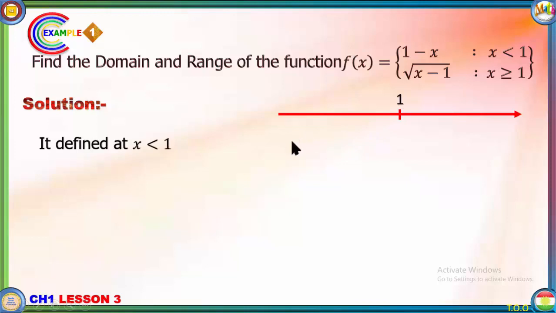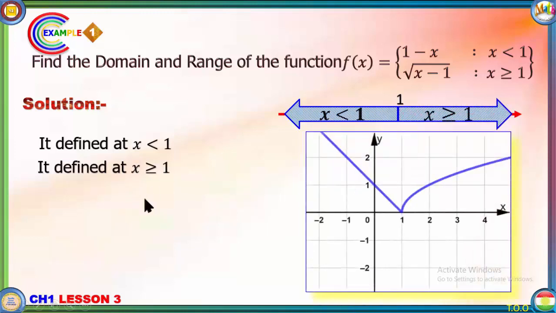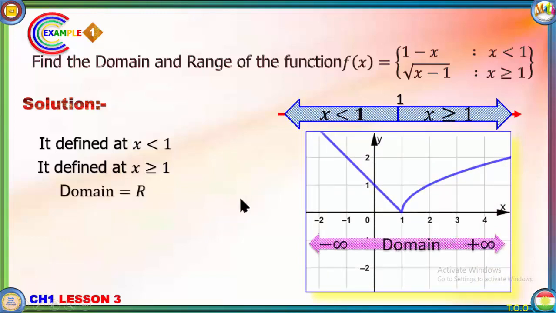The first one is defined at x less than 1, and the second one, square root of x minus 1, is defined at x bigger or equal to 1. Therefore, the domain of the function is all real numbers.